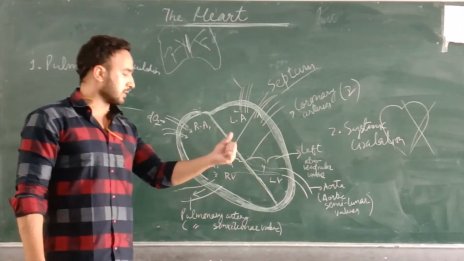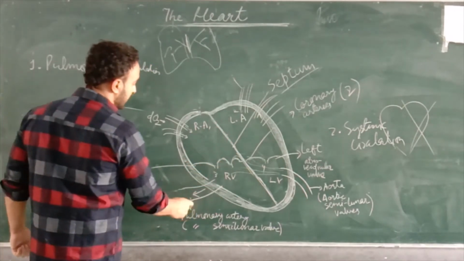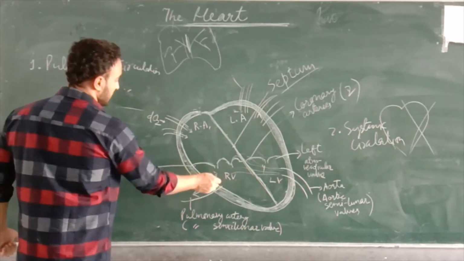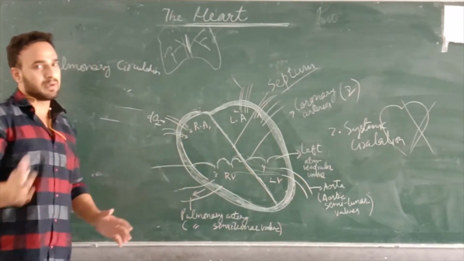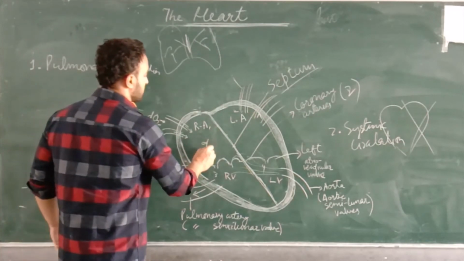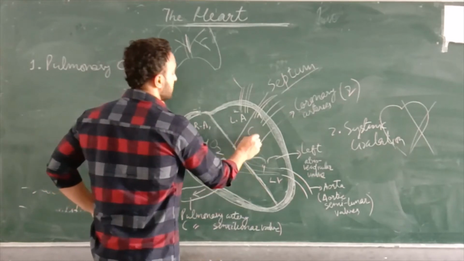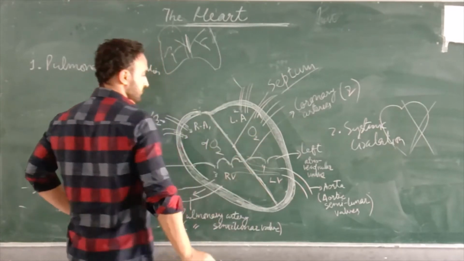When the right ventricle contracts, the blood is forced through the pulmonary artery. This is the deoxygenated blood. Always remember that the right side of your heart contains deoxygenated blood, while the left side of the heart contains oxygenated blood.